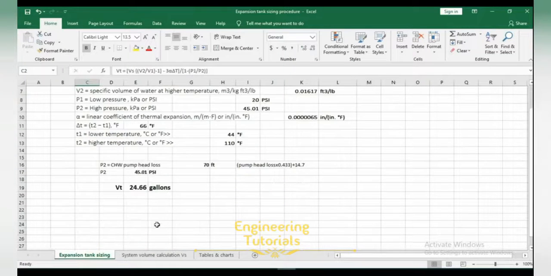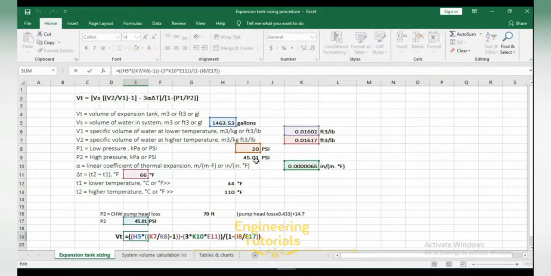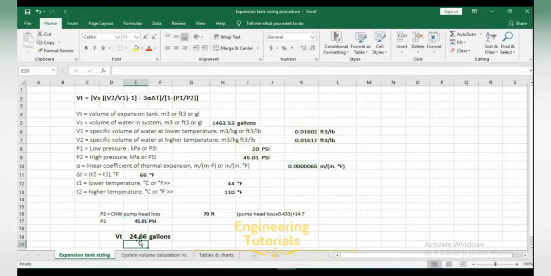So now we put all the values in our formula: Vs into V2 by V1 minus 1 minus 3 alpha delta T, divided by 1 minus T1 by T2. I have already written the formula here and put all the values in. After that I got the value 24.66 gallons. Rounded off, it will be 25 gallons.